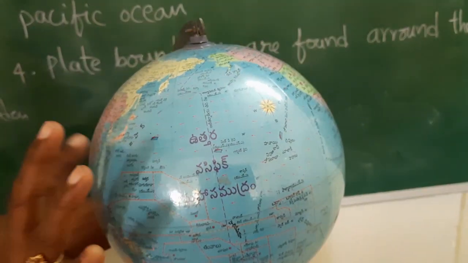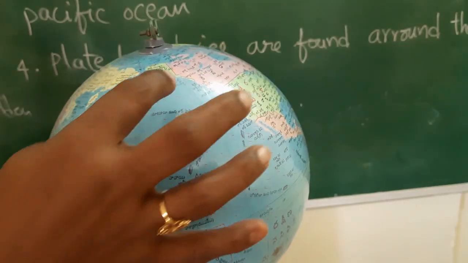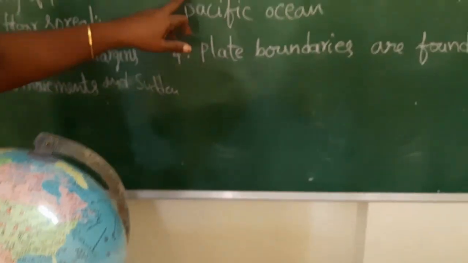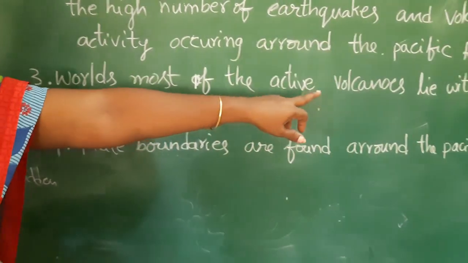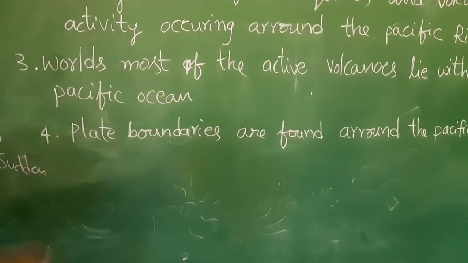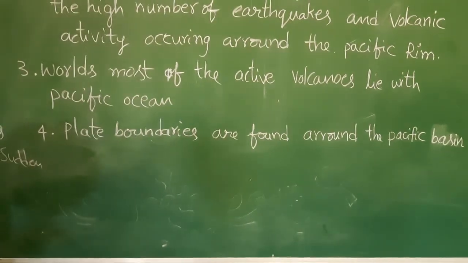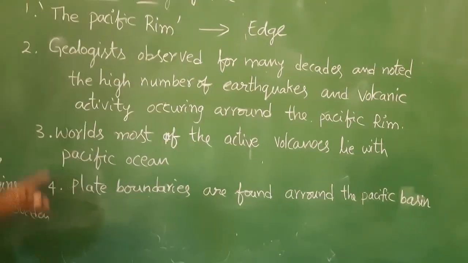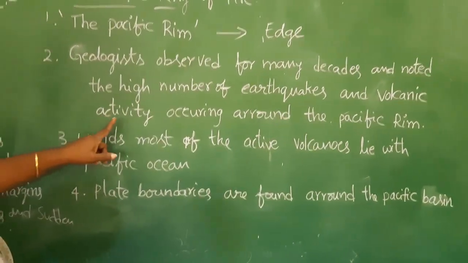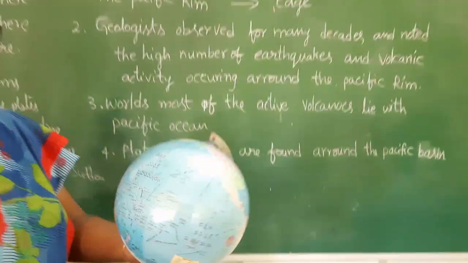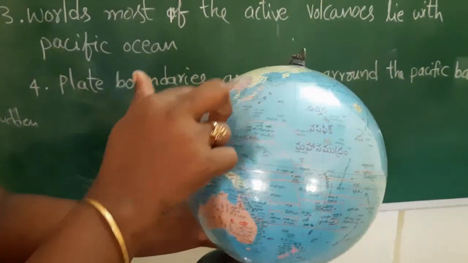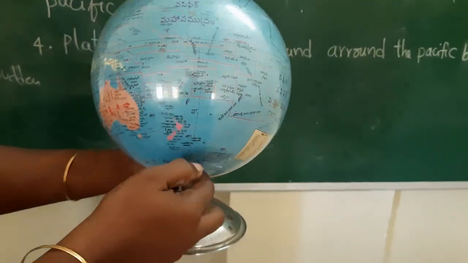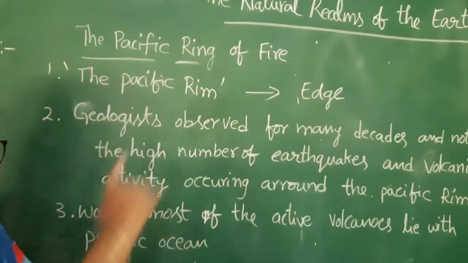Most of the earthquakes and volcanoes lie along the Pacific Ocean edge. The world's most active volcanoes lie there. So that's why it is called the Pacific Ring of Fire.